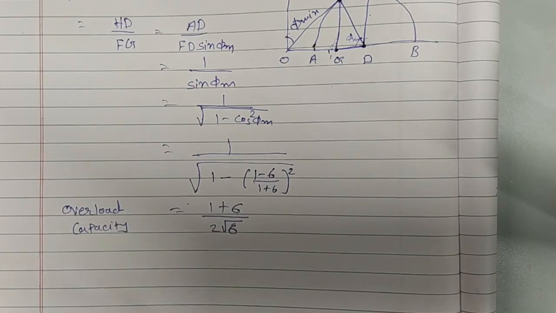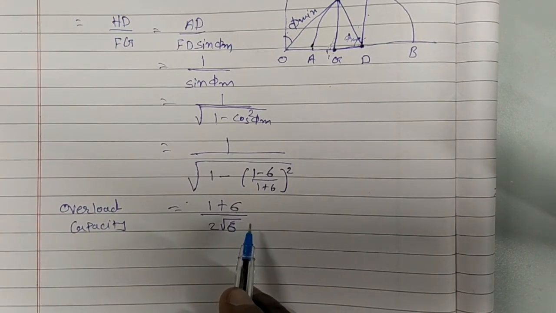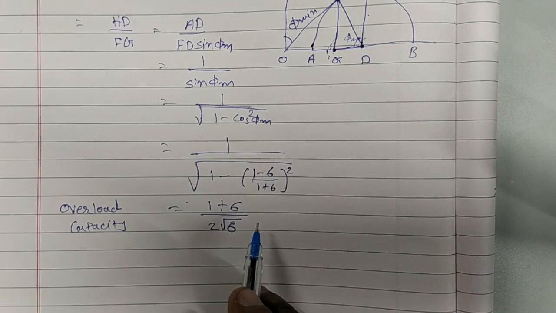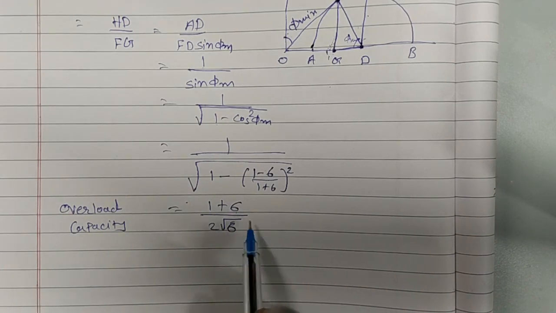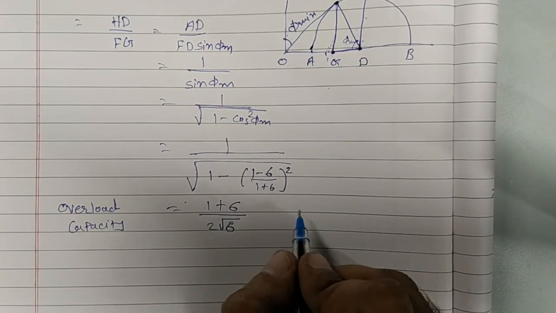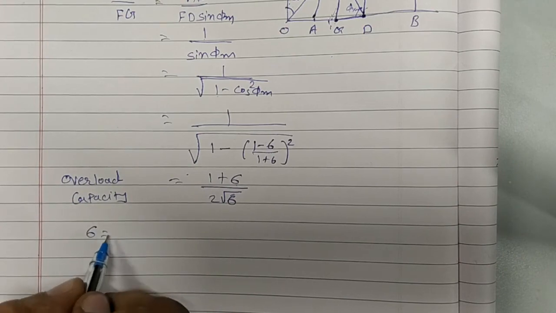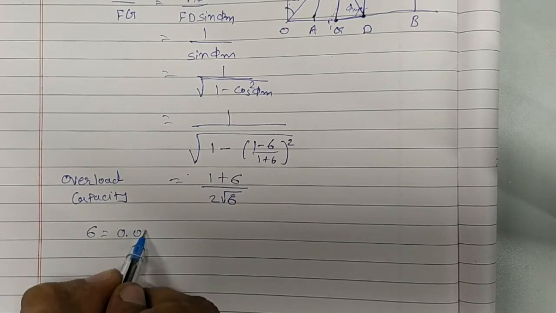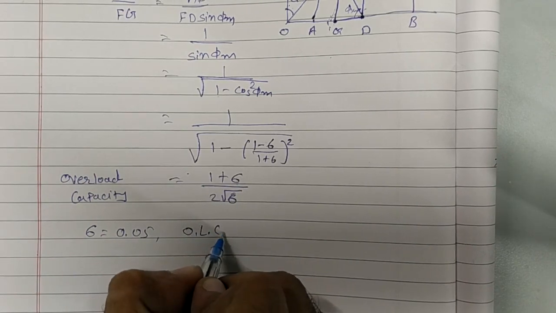Again we can do the same practice: what will happen when I increase the value of sigma? Let us take similar cases. When sigma is equal to 0.05, what happens to overload capacity?